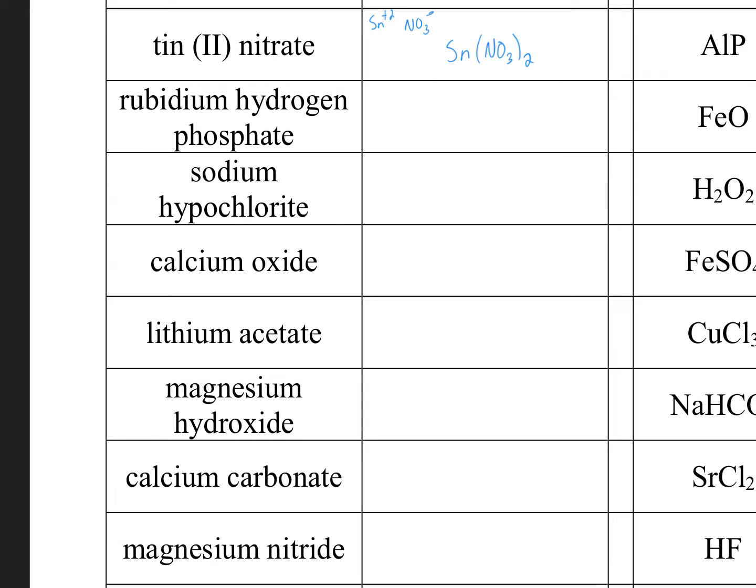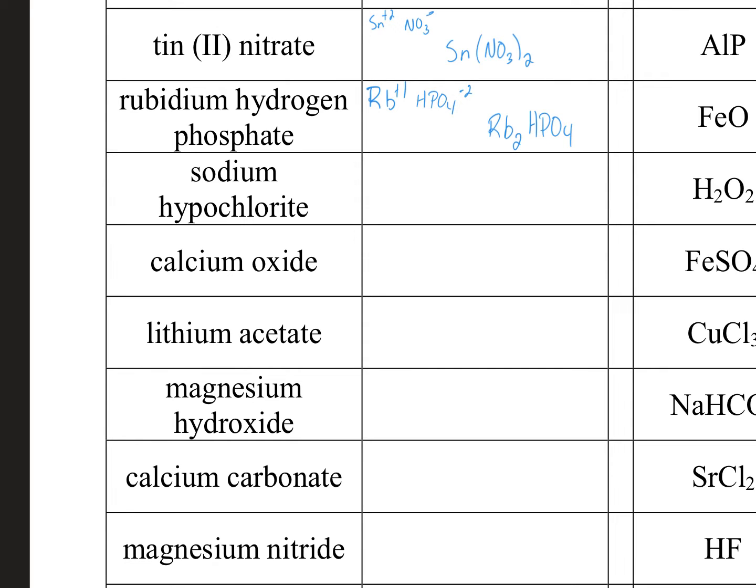Now, this next one is rubidium hydrogen phosphate. Rubidium has a +1 charge, so Rb+, and hydrogen phosphate is HPO4 with a -2 charge, so this should be Rb2HPO4.